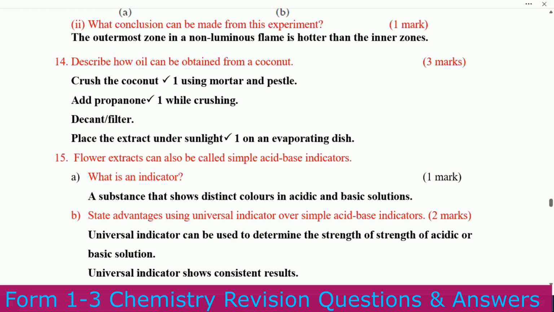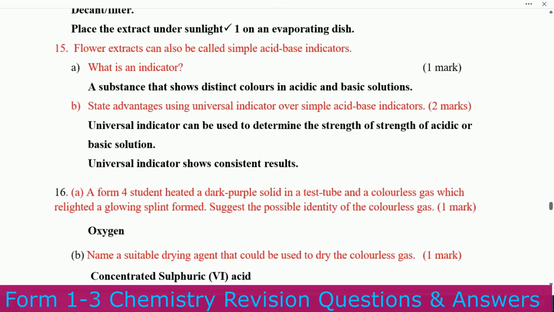Number 15. Flower extracts can also be called a simple acid base indicator. You are told what is an indicator. An indicator is a substance that shows distinct colors in acidic and basic solutions. So that is what we call indicator.